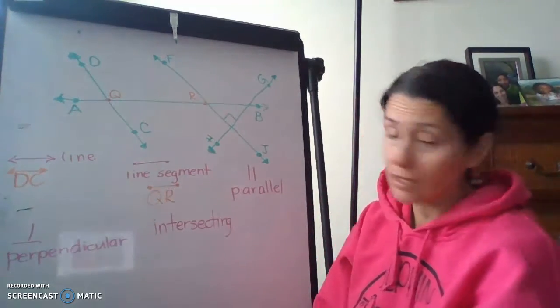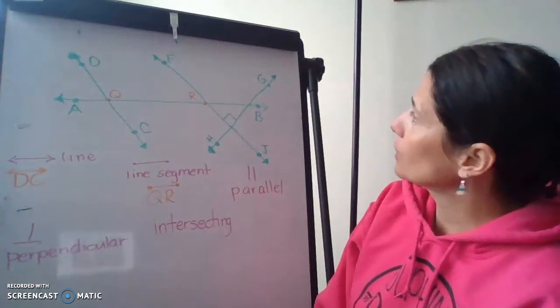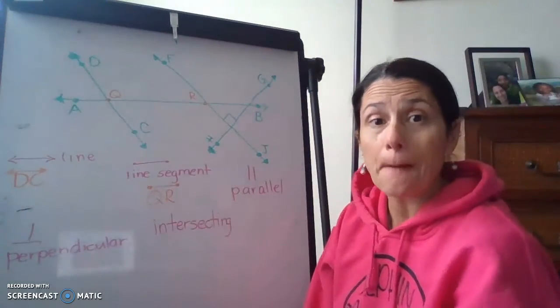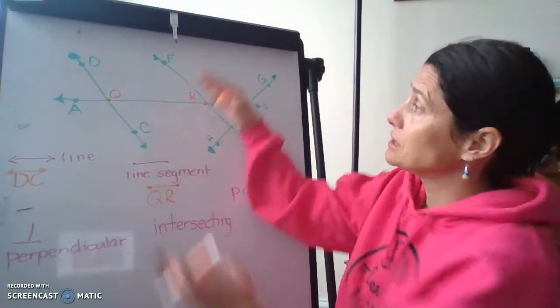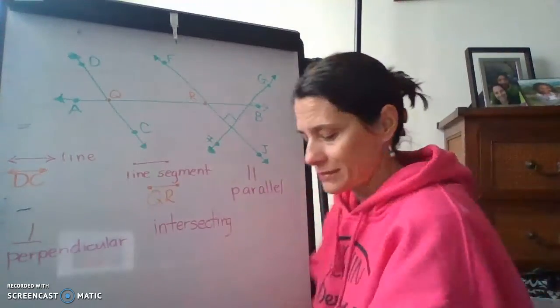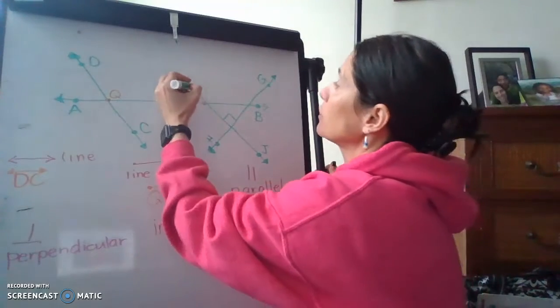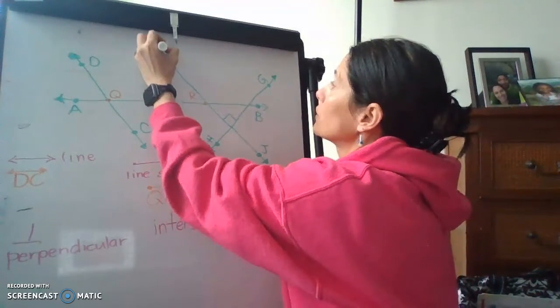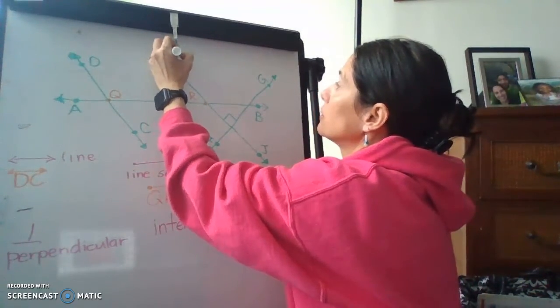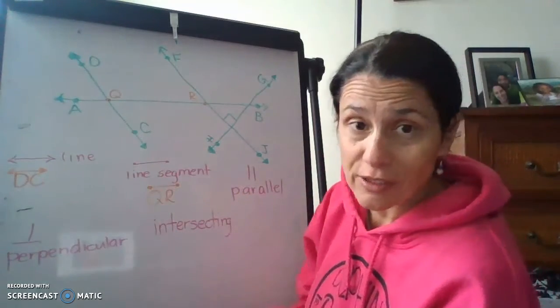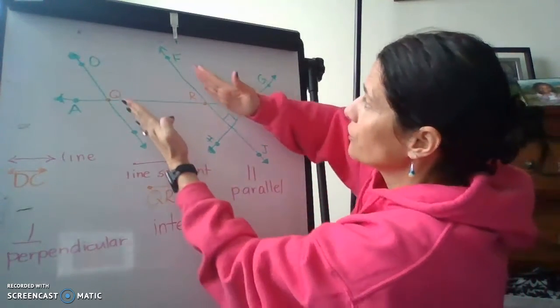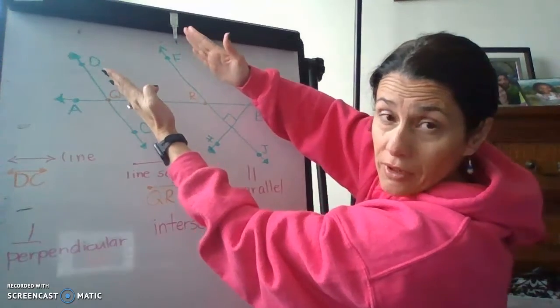Now, parallel lines. Miss Corbin didn't draw it very well, but these two, let me fix how that looks. Let me make it a little bit more straighter. All right, so there, that looks better. So these two, if they keep going, they are never ever going to meet.